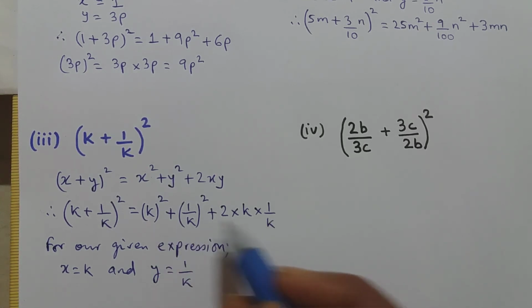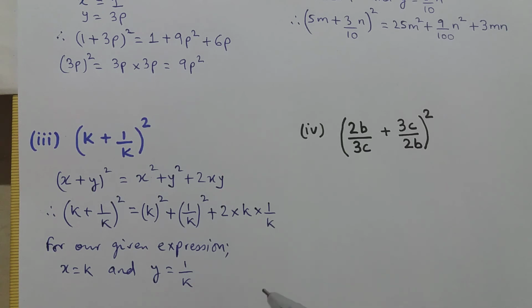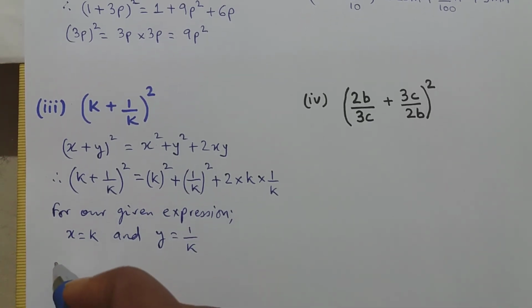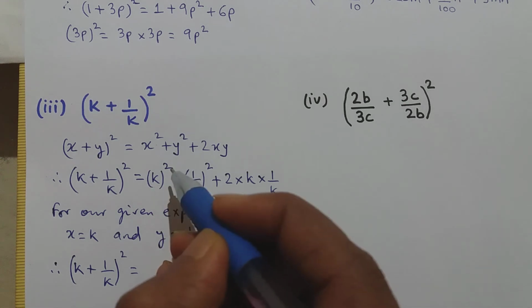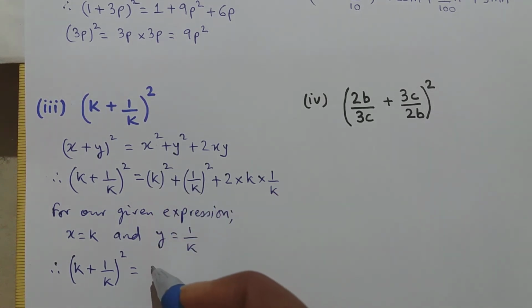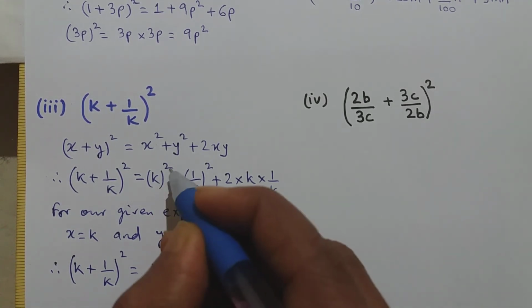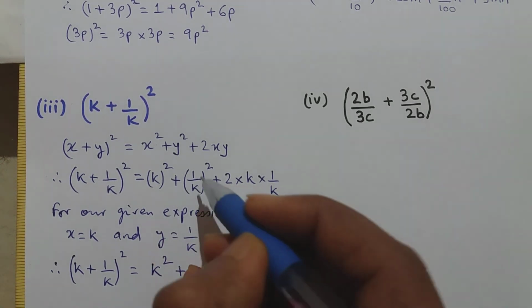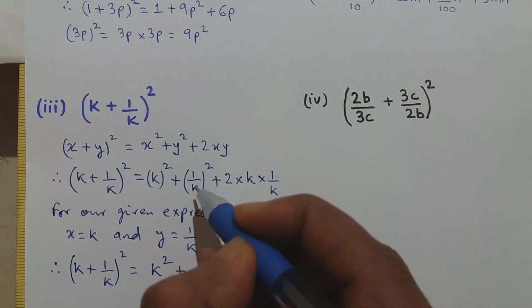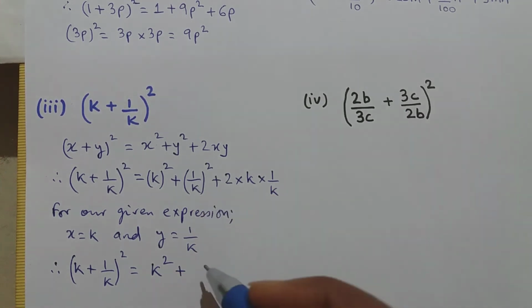And now we will simplify this to get our final answer. So (k plus 1 by k) whole square is equal to, now k whole square is k square, plus (1 by k) whole square. Now (1 by k) whole square is 1 by k square.